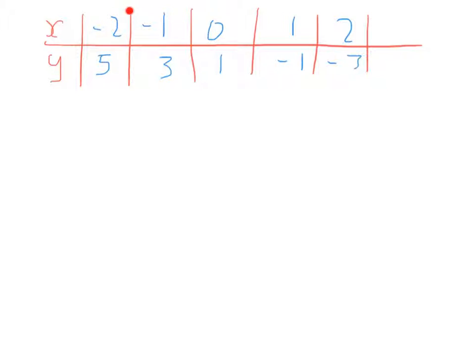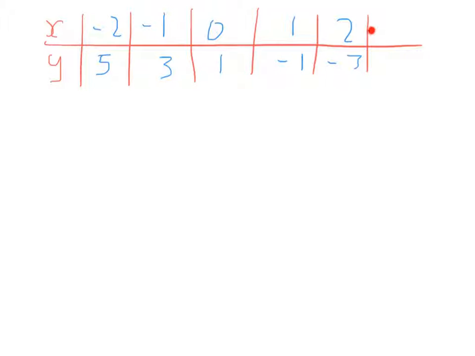There is a unit 1 shift for every value of x here. If there isn't a shift of 1, just be careful. But there is here. It goes from -2, shifts 1 unit up to -1, then another unit up to 0, then another unit to 1, then another unit to 2. Make sure that it is a shift of 1. If it's not, then we need to be careful of that.